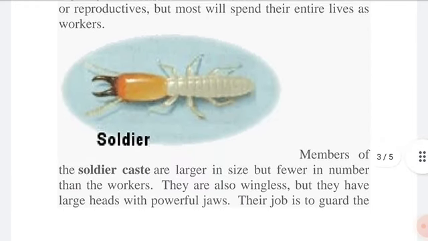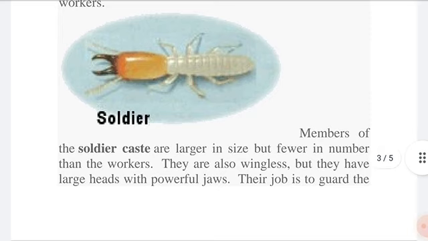Next is soldier. Members of the soldier caste are larger in size but fewer in number than the workers. Workers are more in number. They are also wingless, but they have large heads with powerful jaws.